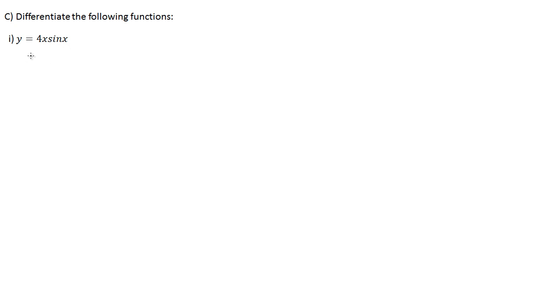So to differentiate something like this, we're going to need something called the product rule. The product rule states that when y equals uv, dy by dx, so the differentiation of y in terms of x, is equal to u dv/dx plus v du/dx.